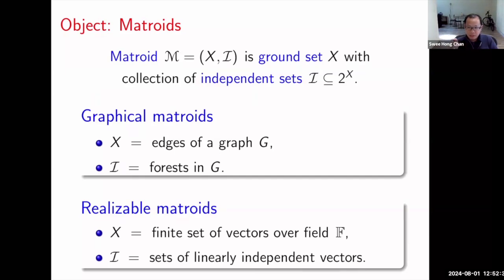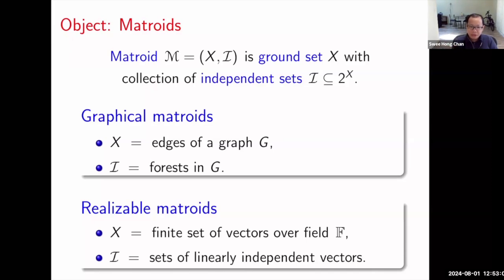But before I say the properties, let me just present two examples. The first example is the graphical matroid. This is when X is the set of edges of a graph, and the independent sets are the sets of edges that form a forest. So this is our example from before, when you have forests.